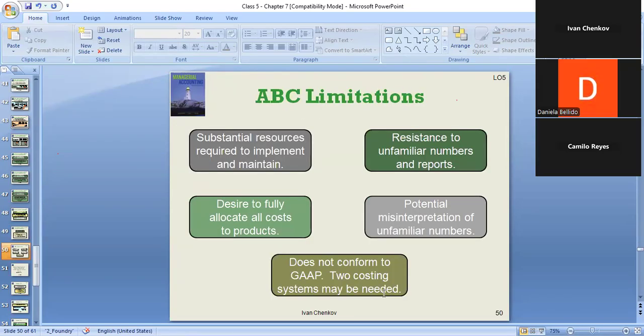So, limitations of activity-based costing. It requires substantial resources. What does substantial resources mean? There's an example: a grocery market chain in Europe purchased an activity-based costing inventory system from SAP.